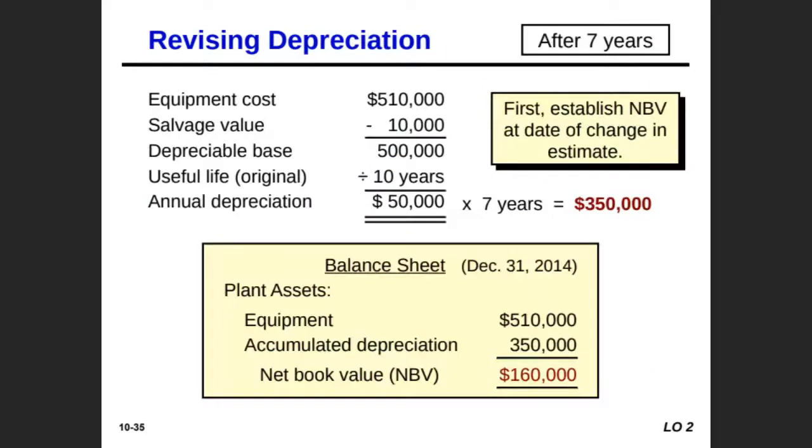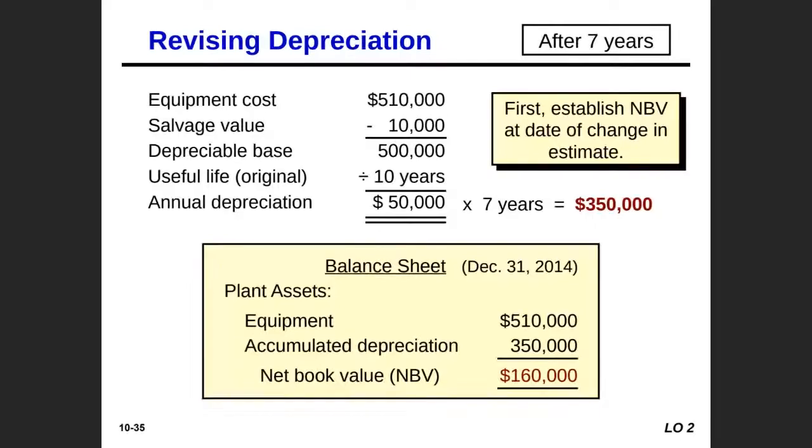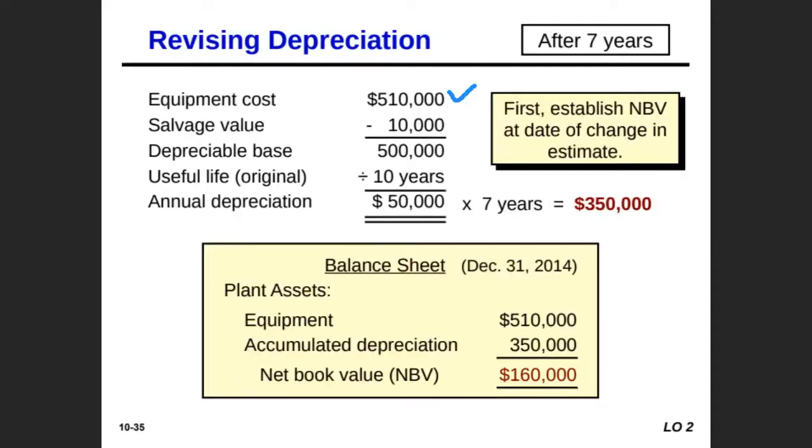This is what we have done so far already. Equipment cost 510 minus 10,500 divided by 10 multiplied by 7. So first you establish a new book value, right? And what is the book value? Which is cost, this one, minus accumulated depreciation.